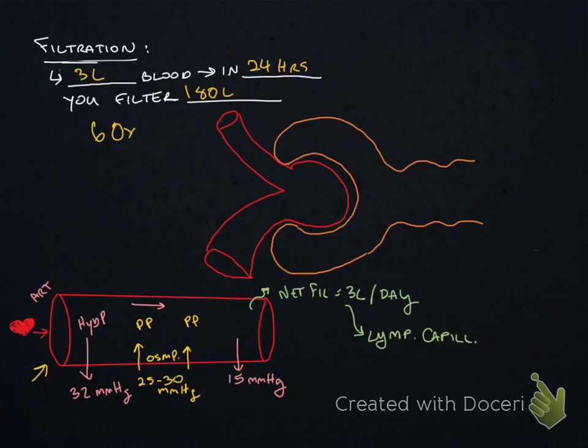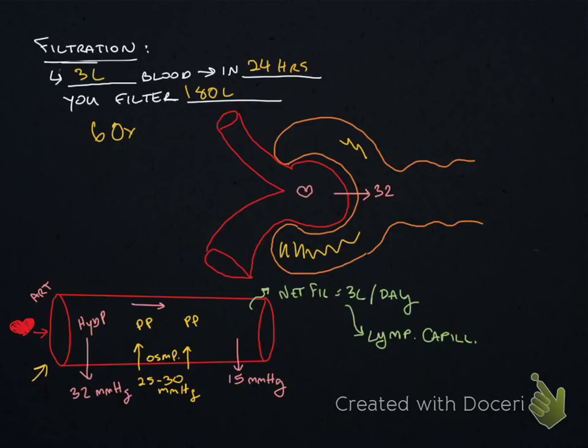So what does that mean for our nephron? Well, remember, the glomerulus is a set of capillaries, so of course we're going to have some hydrostatic pressure. In our glomerulus, here's our heart pushing fluid out through hydrostatic pressure. We'll say this is 32 millimeters of mercury. The weird thing is that we have filtrate already in the Bowman's capsule.